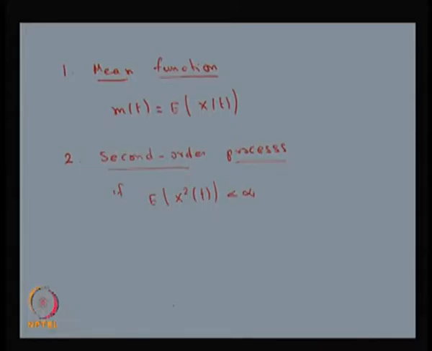If random variables have a finite second order moment, then the corresponding stochastic process is called a second order stochastic process. That means there is a possibility that the stochastic process may not satisfy this; the second order moment may be infinite or may not exist. In that case, it is not called a second order process. So, whenever you collect random variables to form a stochastic process and the second order moments are finite for all t, then we say that stochastic process is a second order process.